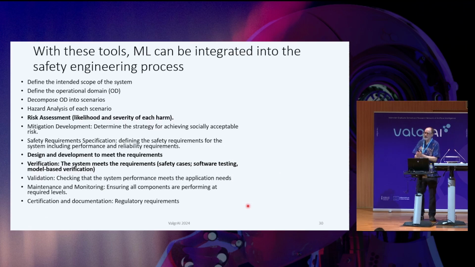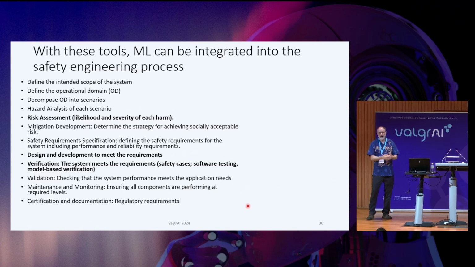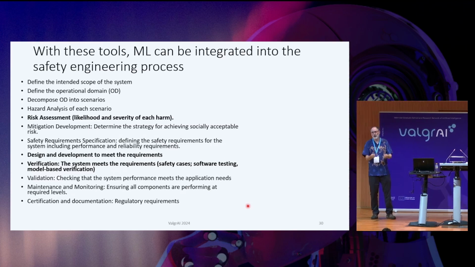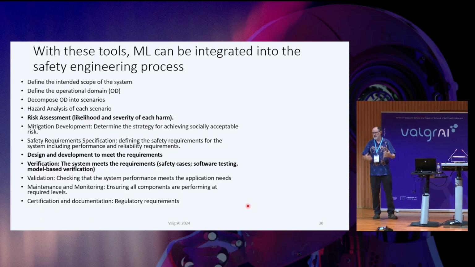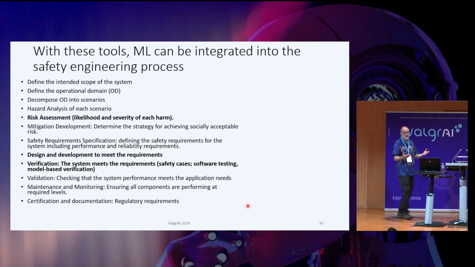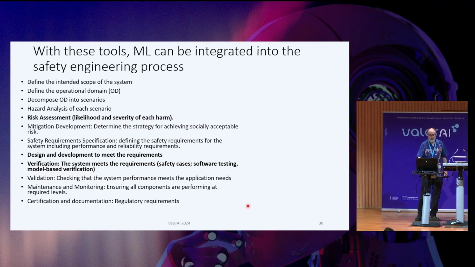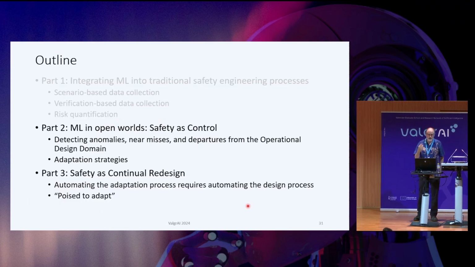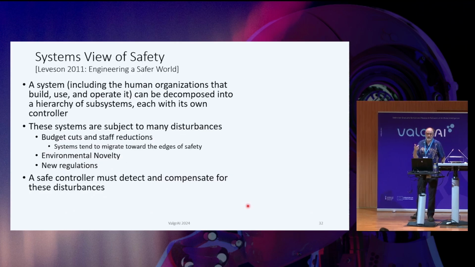So that's fine, but one of the challenges of traditional safety engineering is that it helps us model the known hazards. But in any sufficiently complex system, there are going to be novel hazards that we didn't discover until we deploy the system, right? And so I want to talk about this work by Nancy Leveson.